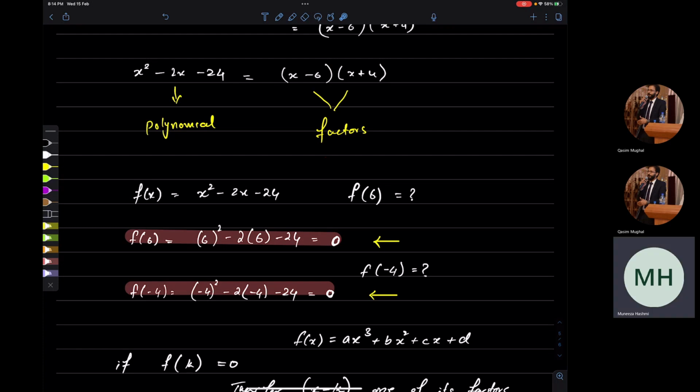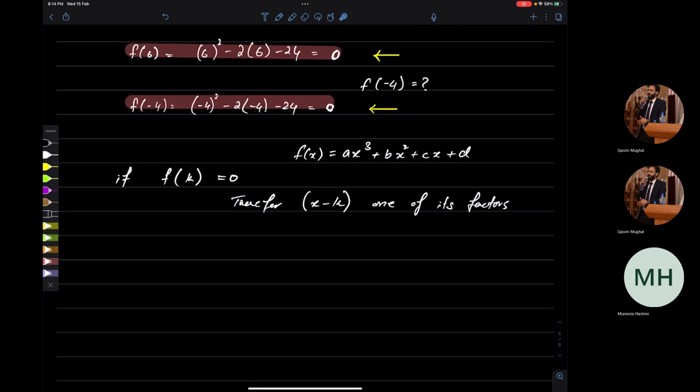Got it? So if I don't know the factors of a particular polynomial, and I ask you to plug in a particular number into it, and you get a non-zero number, then it would mean that x minus that number is not a factor of that polynomial. But if you get 0 after plugging in k, then x minus that particular number is a factor of that polynomial.